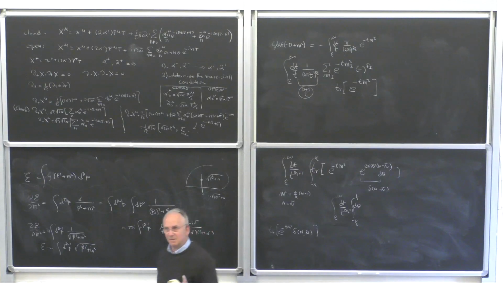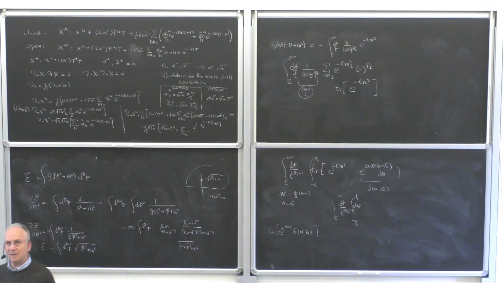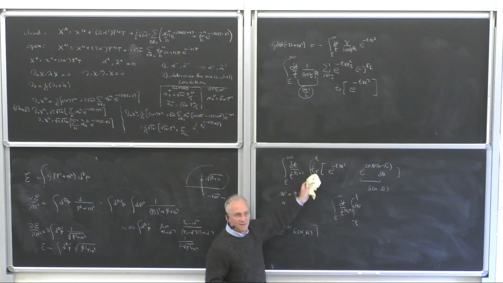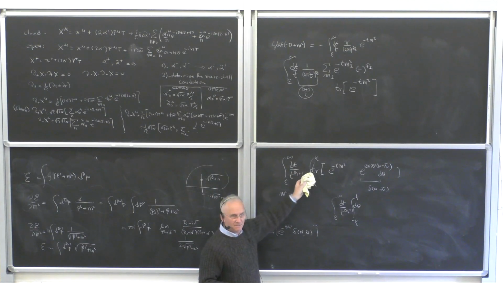Now you see that there is something beautiful that happened: n and n tilde don't talk to each other anymore, because the constraint of level matching has been enforced by the integral. So I can work with n by itself and n tilde by itself without taking care of this complicated constraint, because the constraint is eventually enforced by this integral in theta.